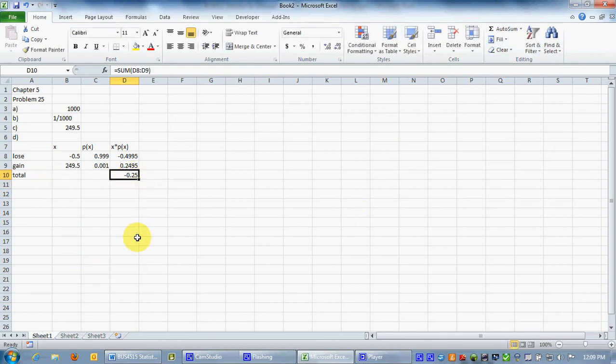The expected value of playing in the Illinois Pick 3 lottery game is, it's expected you will lose 25 cents. So the state has the advantage, which of course everyone knows. But the expected value, mathematical value, is negative 0.25.